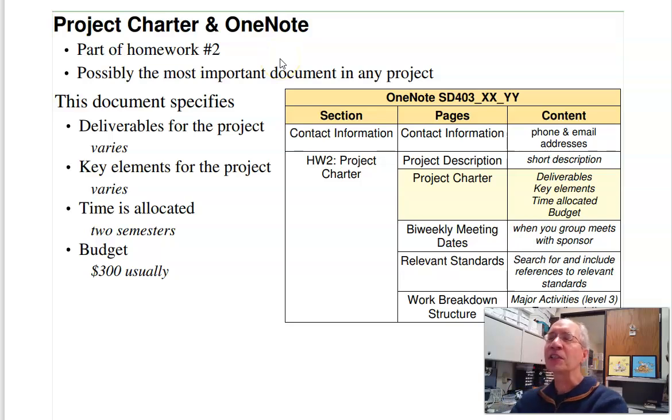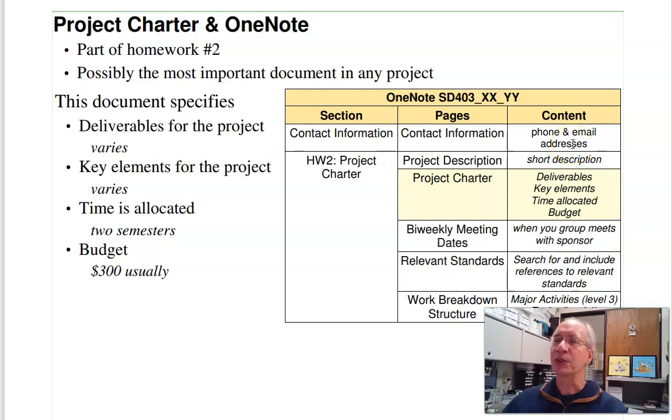Our next thing to talk about today would be your project charter in OneNote. The project charter is part of homework set number 2. In homework set number 2, it's set up a OneNote document, one document per group. Make the name of your OneNote document SD403 XXYY, where XX is the semester, YY is your group number. Include your contact information.